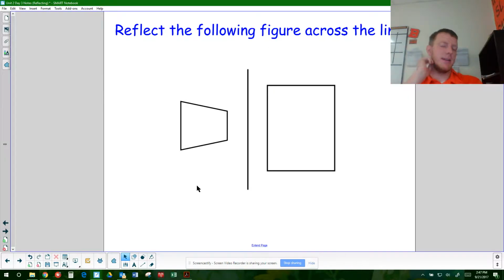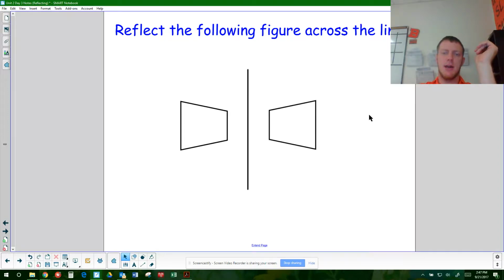Okay, so go ahead and take a second and reflect the trapezoid on the left and draw what the reflection would look like on the right side. All right, you should have had that.